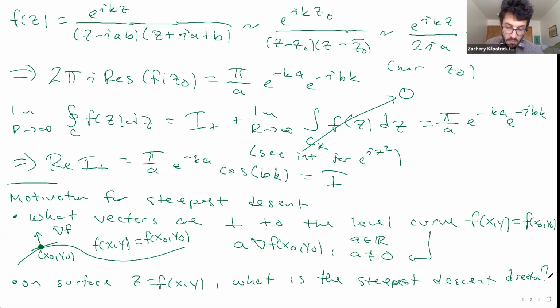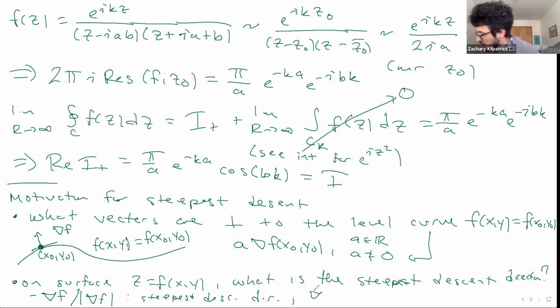In particular, if I take minus gradient of f divided by the magnitude of gradient of f, just to normalize, this would be our steepest descent direction.